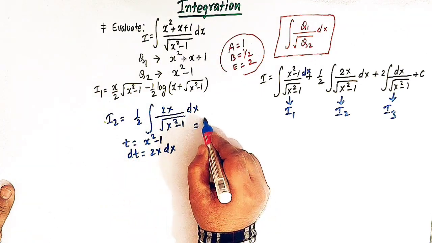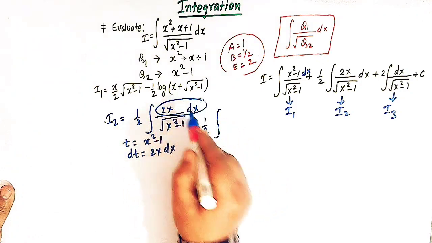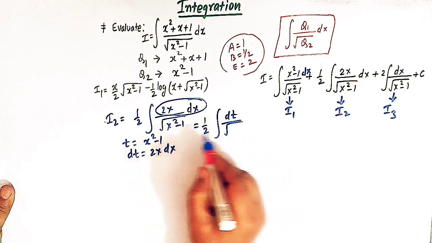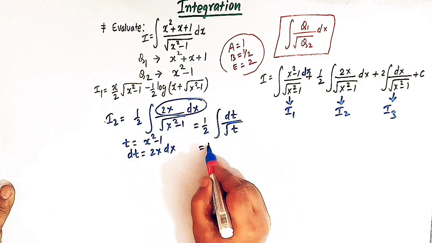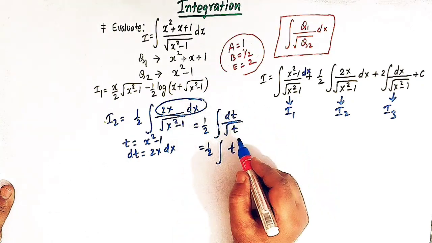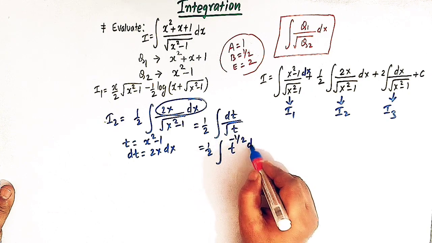And now we can write half, and for 2x dx we can write dt, and here we have √t. So this is half, and we can take √t to the numerator, so we have t raised to minus half dt.